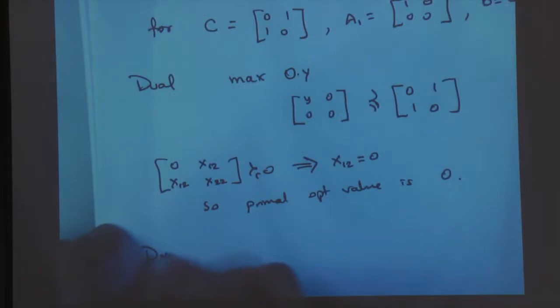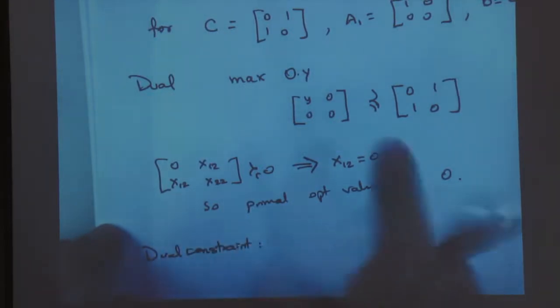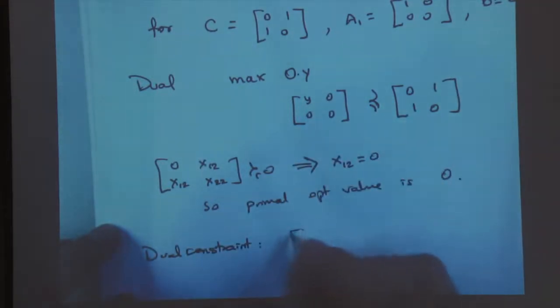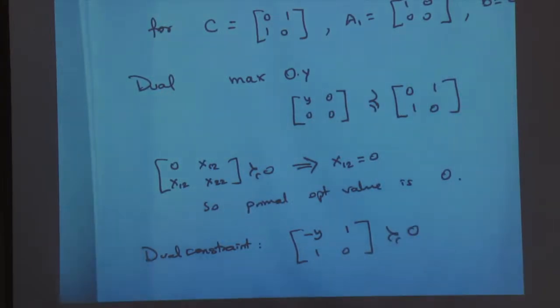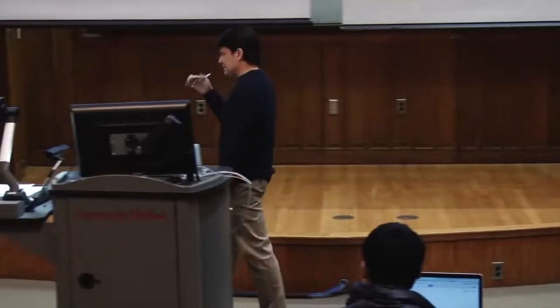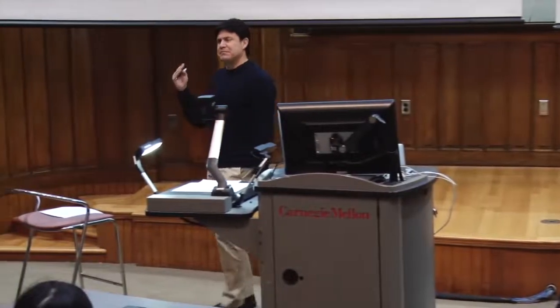Now let's look at the dual constraints. The dual constraint can be rewritten as [-y, 1; 1, 0] being positive semi-definite. Is there any value of y that would make this matrix positive semi-definite? For that, the eigenvalues have to be non-negative, so in particular the determinant has to be non-negative.